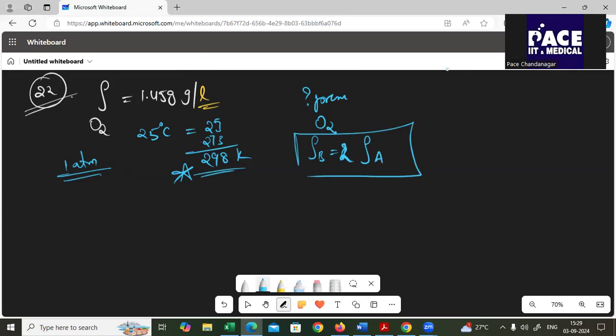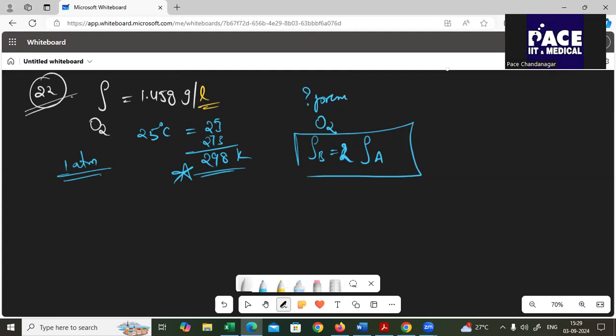The density of oxygen gas at 25 degrees Celsius is 1.458 gram per liter at 1 atmospheric pressure. At what pressure will O2 have a density twice the density of A? So density of B is equal to 2 times the density of A.